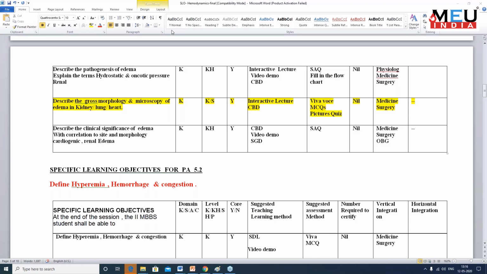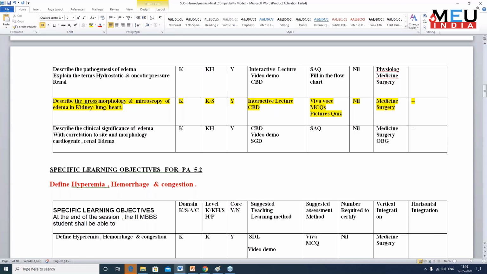Yes, ma'am. Just a query on that first part where you put describe the pathogenesis of edema. So basically, my concept is that it's the Starling forces which form the basis for edema, right? Under all that will come renal, cardiac, everything will come under that, right? So aren't you trying to say that that's the pathophysiology of edema?